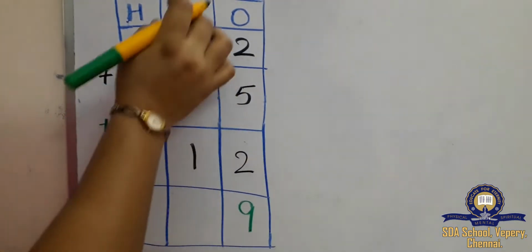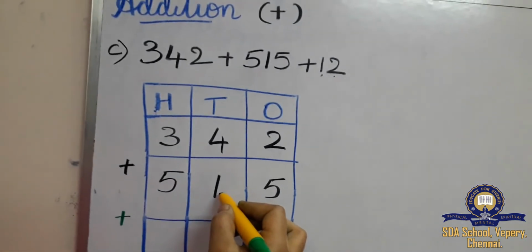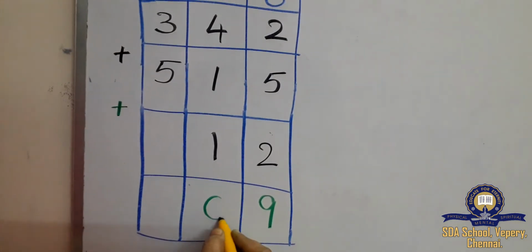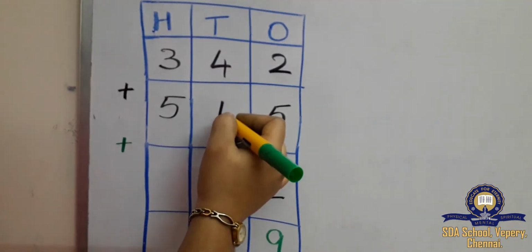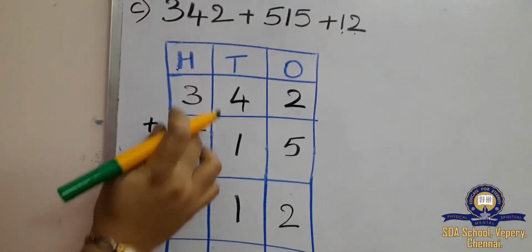Now we'll go to the tens place. 4 plus 1, 5. 5 plus 1, 6. Now here, 3 plus 5.